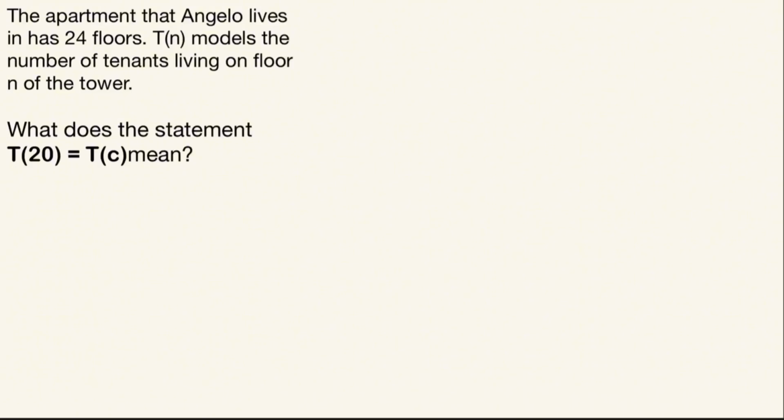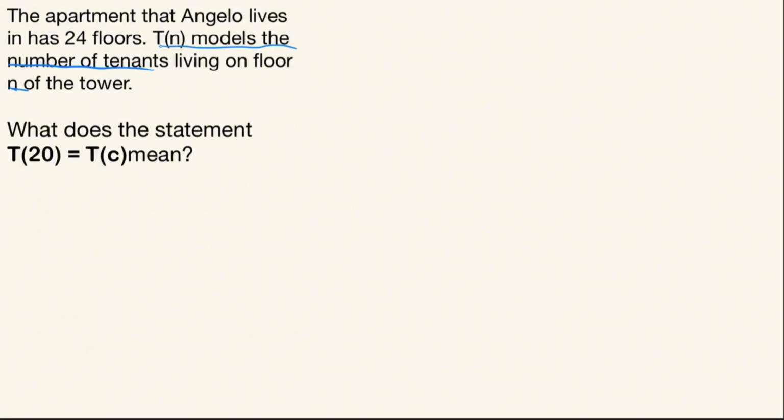Okay, this question says, the apartment that Angela lives in has 24 floors. T(n) models the number of tenants living on floor n of the tower. What does the statement T(20) equals T(c) mean? Okay, what we can dissect from this is that T(n) models the number of tenants living on floor n of the tower.